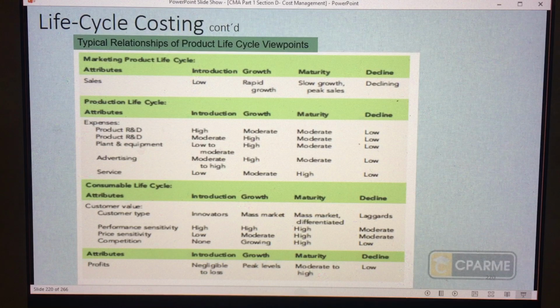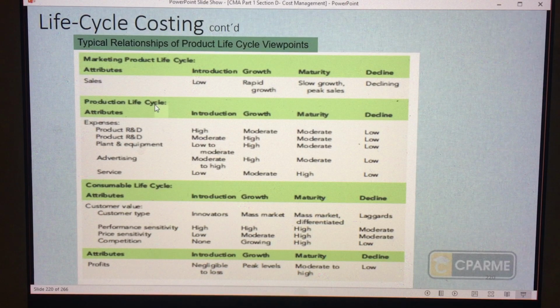And then at maturity, it would slowly near its peak na posibleng na saturate na yung market, or the item that you are selling is not something that is bought every day. Ganun. So hindi talaga siya consumable in that sense. And then for decline, of course, it's the demand for it is going to be declining, and so we can attribute the low sales to that happening.